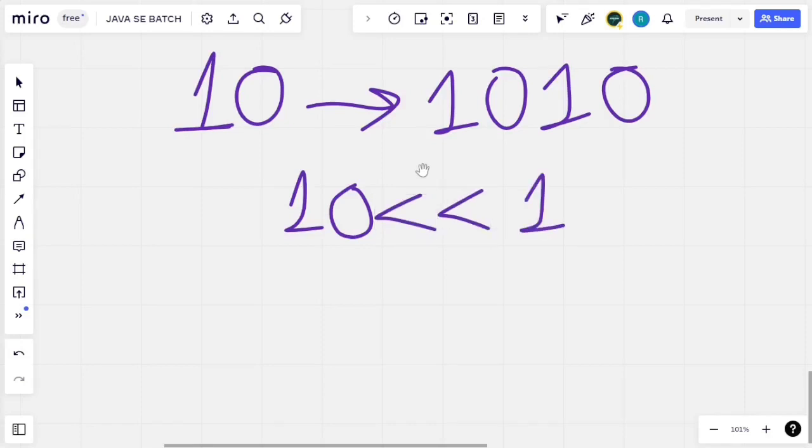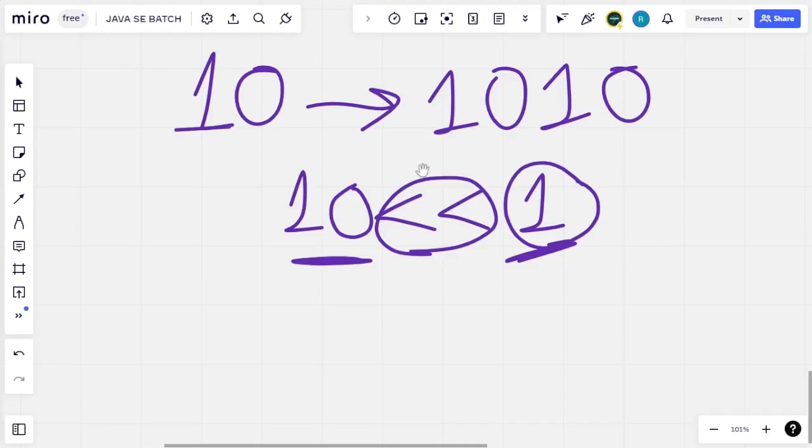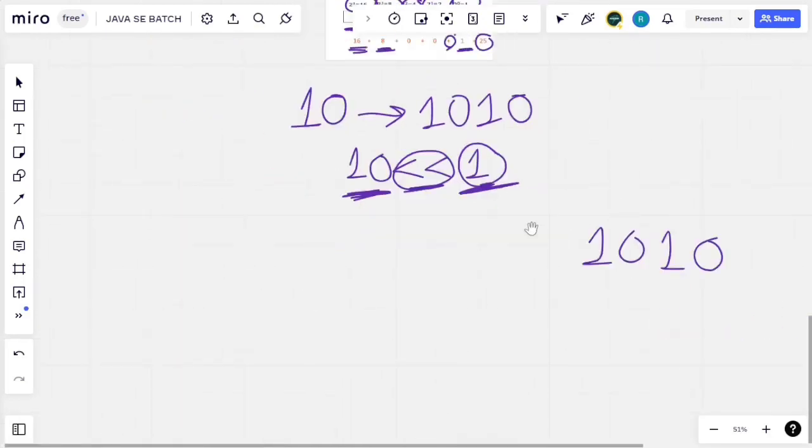This operand here is what the left shift operator will operate upon. And this operand here will tell the left shift operator how many places, how many bits you need to operate on. Okay, what does it mean? I think it's not making any sense. Let me just, okay. So here, when we say 1010, let me represent this 1010 in 8 bits of computer memory.